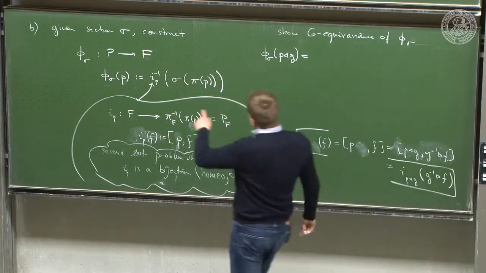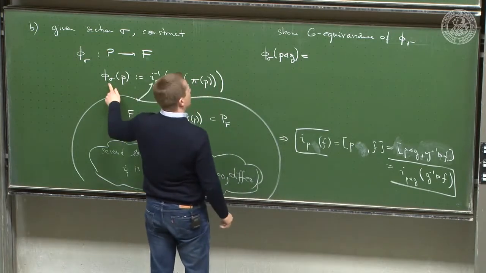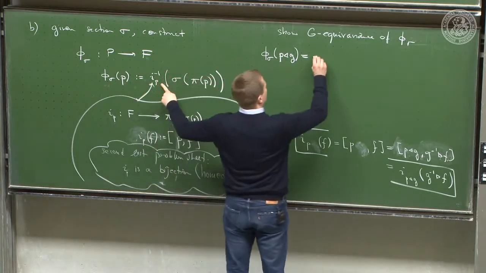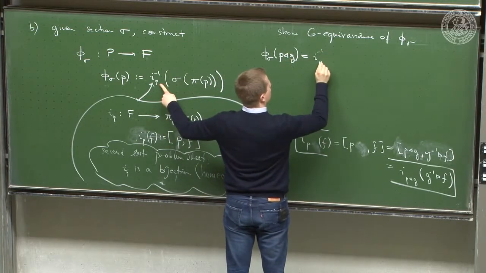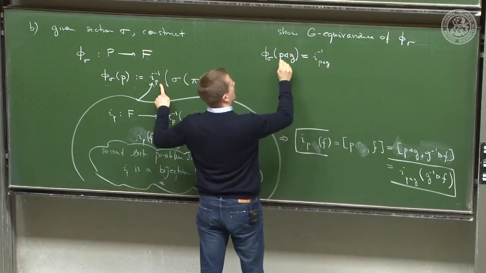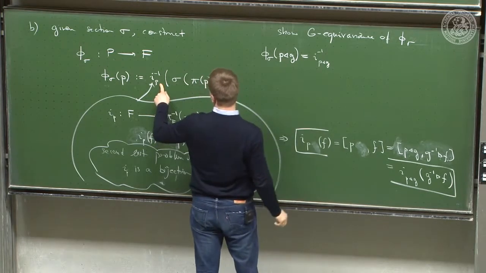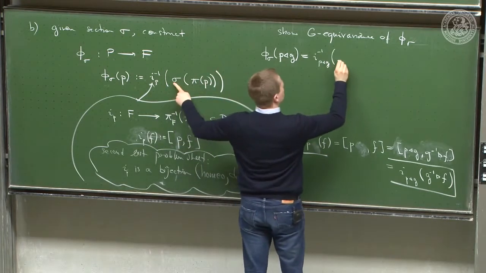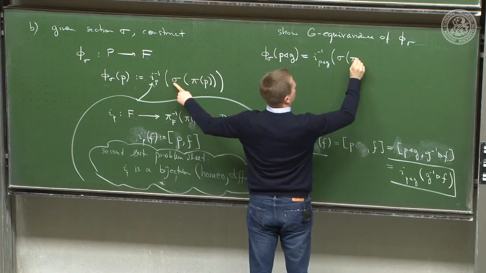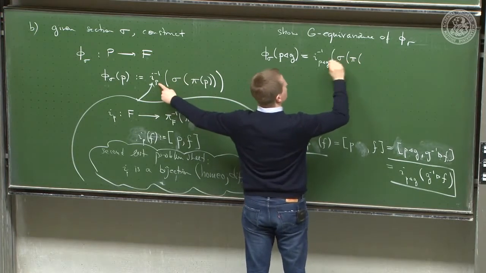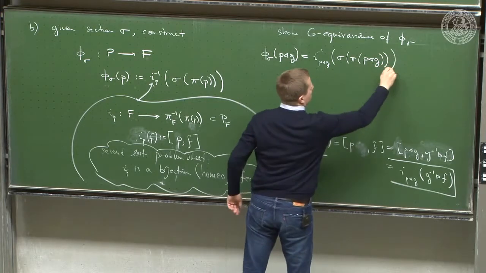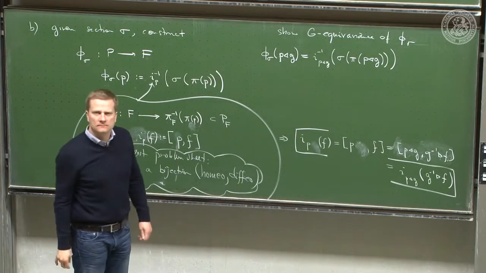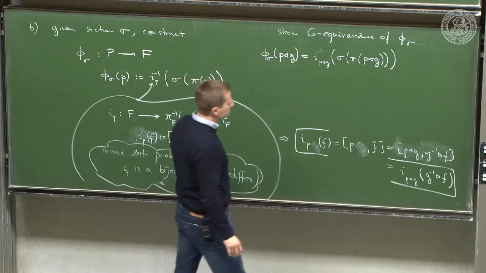All right, so let's plug in what we got. So phi sigma of P is this guy. So if I write P acted upon from the right, then I have the I inverse of the P acted upon from the right. This is because I have this and this, okay? Then I let this act on sigma of pi of P, but P is now P acted upon from the right by G. That's just plugging this in.